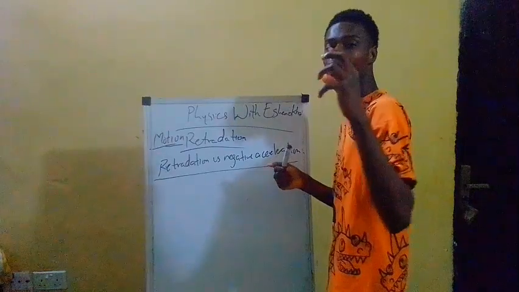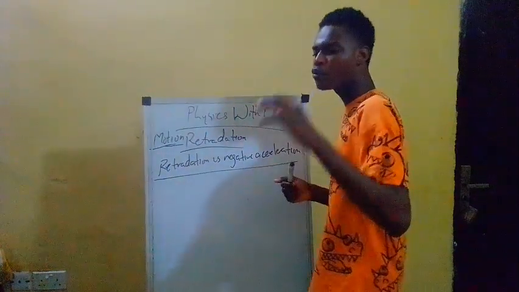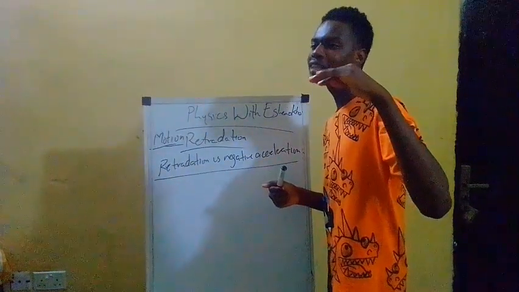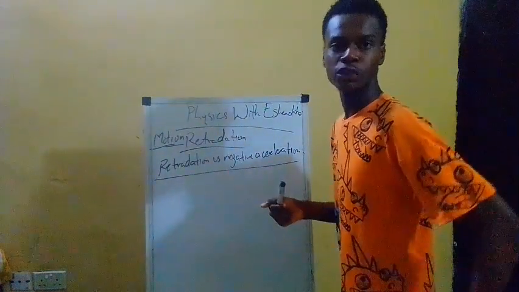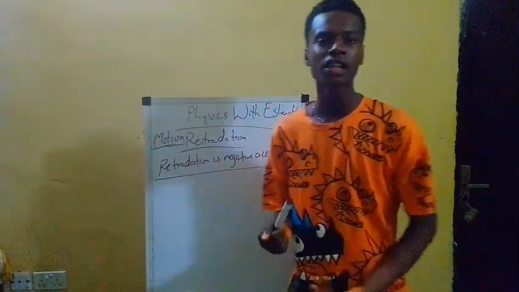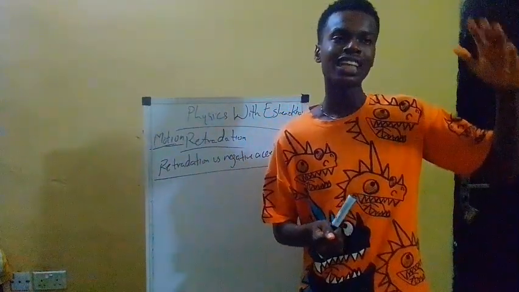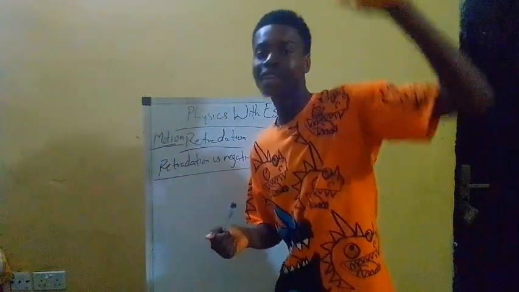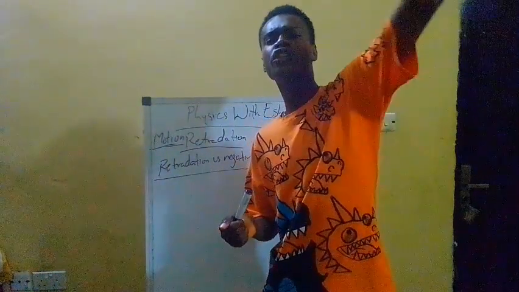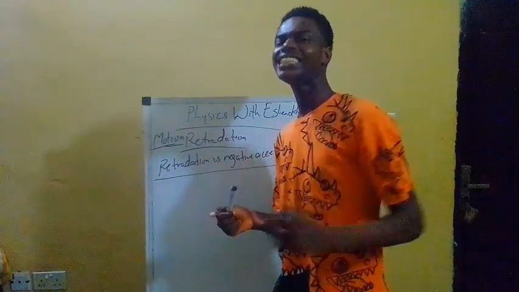When you get retardation, first, if you put your car on brake, that is retardation. If somebody is running, the speed at which you start running can increase. So the more you increase your speed, that is your acceleration. Then when you are reducing it to stop, that is retardation.